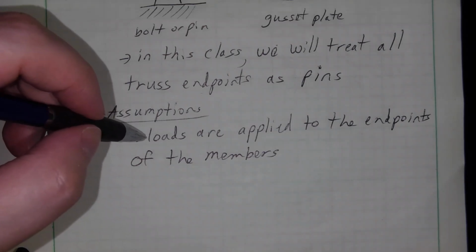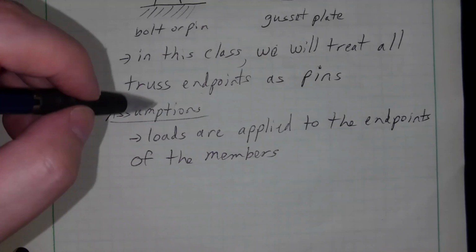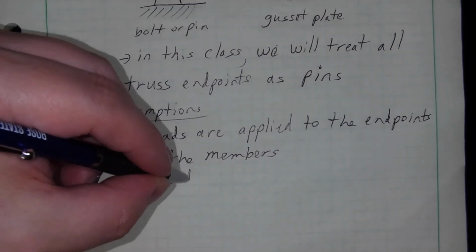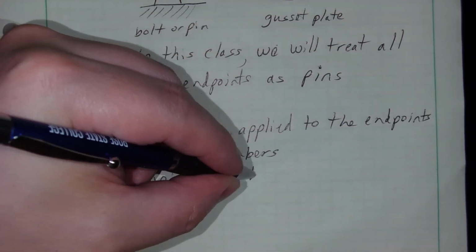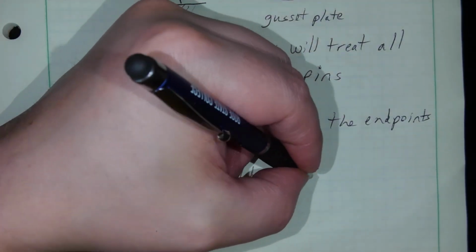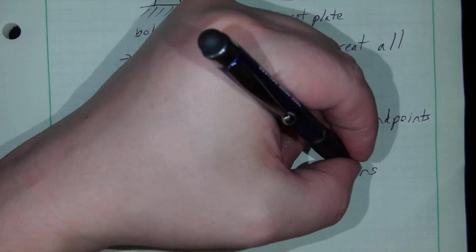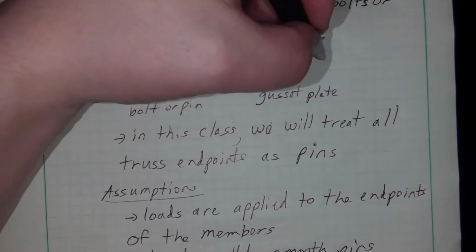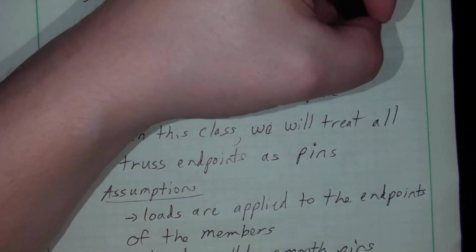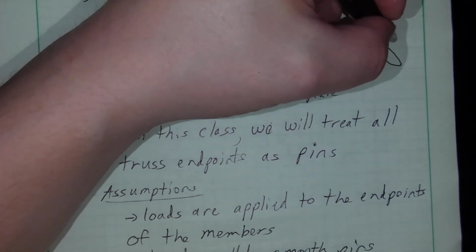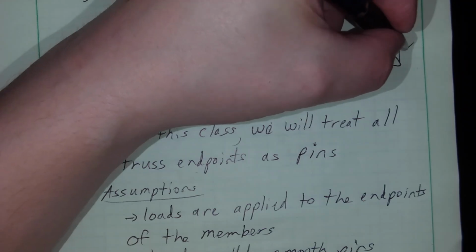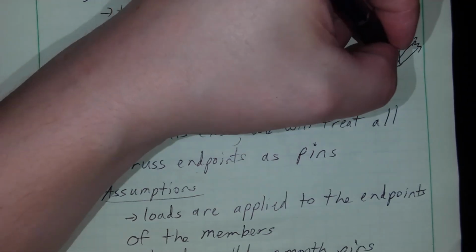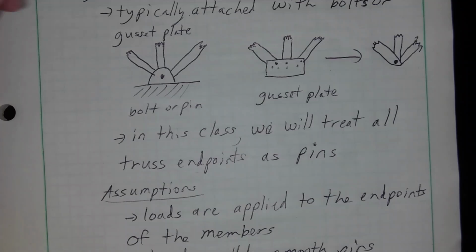Assumptions. We're going to load all of the members up only at the endpoints. And again, all joints will be smooth pins. Even if it's a gusset plate, we're going to treat all these members as joined at a single pin connecting all three of them.